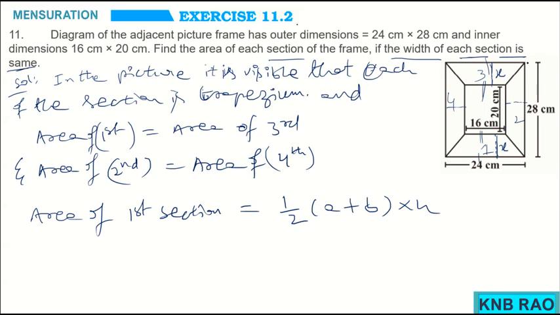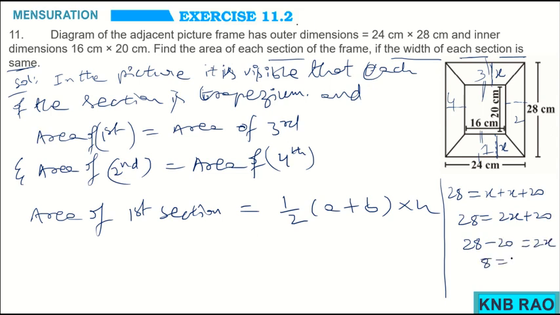Remember, if I know outer length as 28, inner length as 20, and width as same, 2x plus 20 equals to 28, and 28 minus 20 equals to 2x, 8 equals to 2x, and x equals to 4.